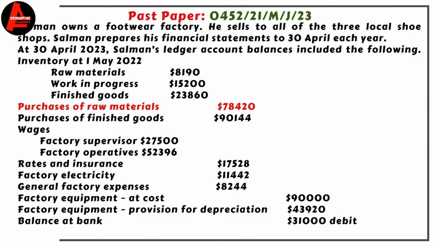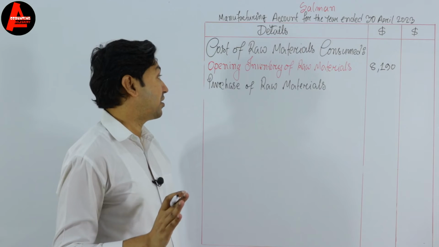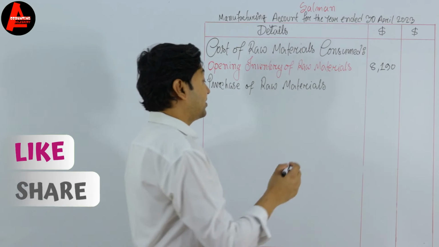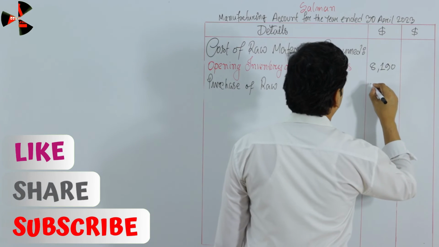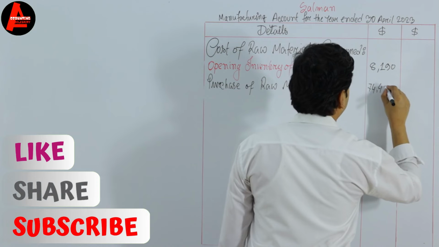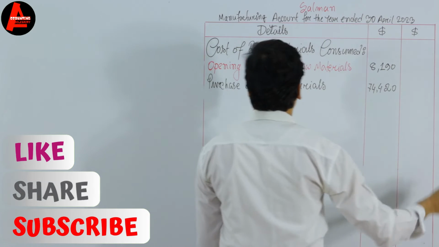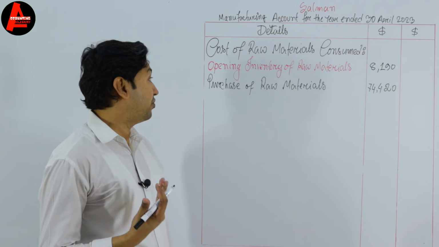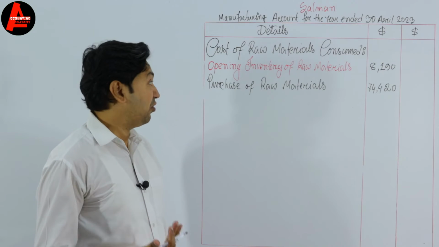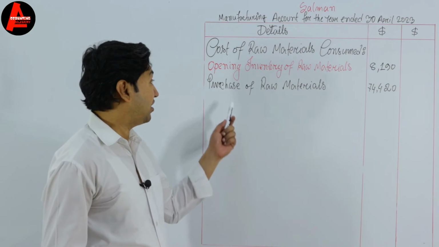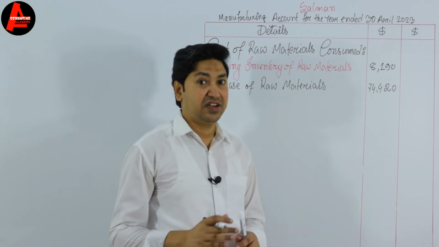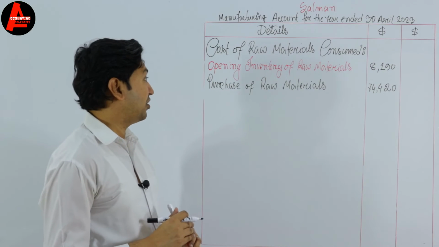Here we don't have purchase return, so we will not subtract anything from the purchase, okay? So directly we will write here purchase $78,420, okay? Now if we have carriage on purchase of raw materials, then we will add it to the purchase of raw materials. This item is not given in the question, so we don't have to think about it, okay?